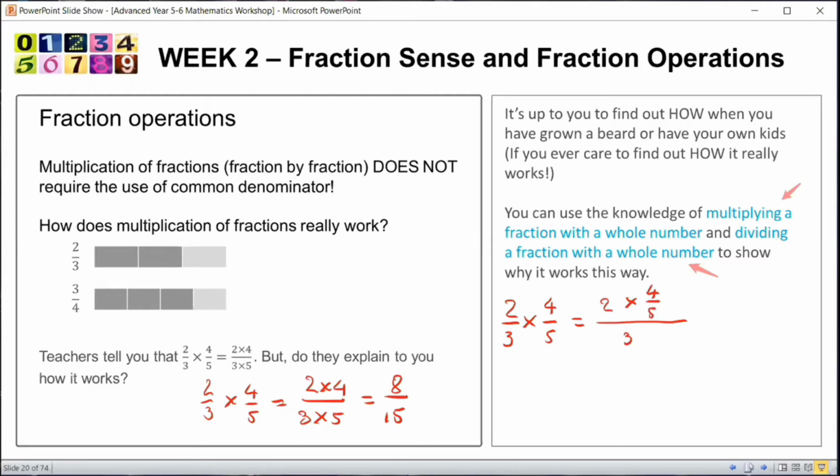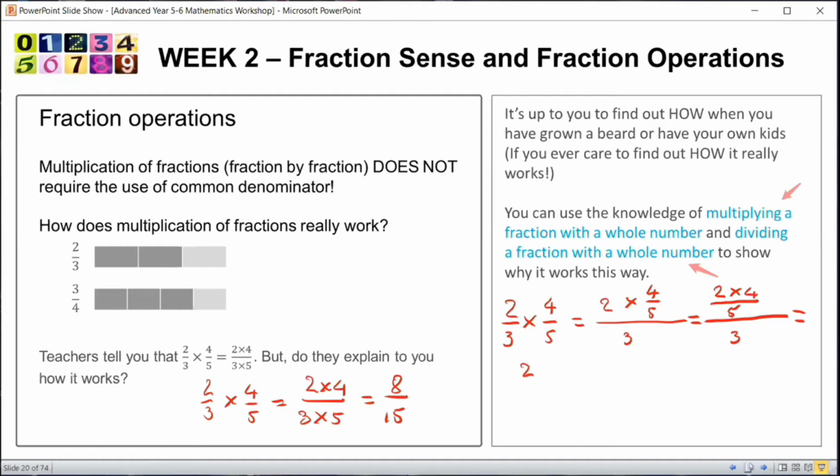All right. Now that equals 2 times 4 over 5, and then the whole lot is going to be divided by 3. Agree? Make sense? Now, the next step is I look at it. So now I rewrite it.